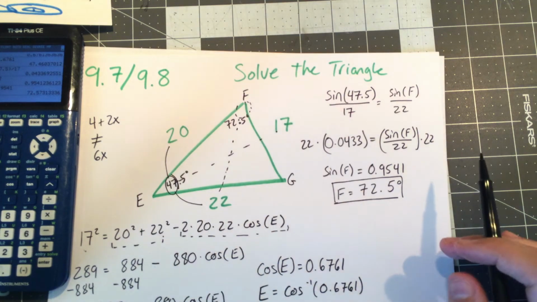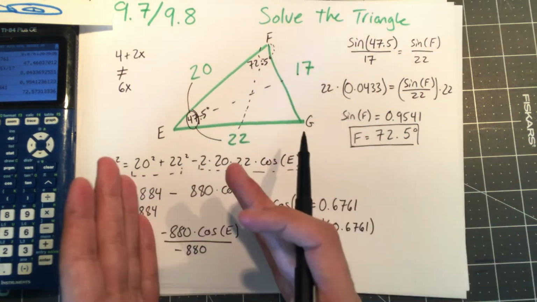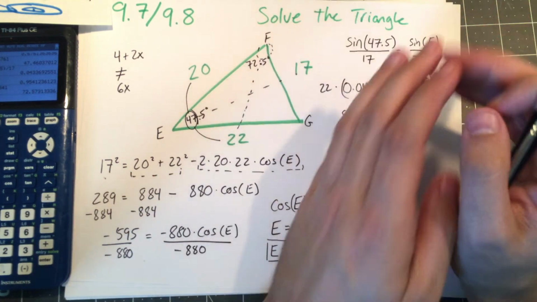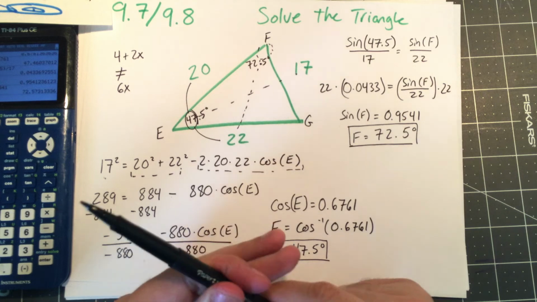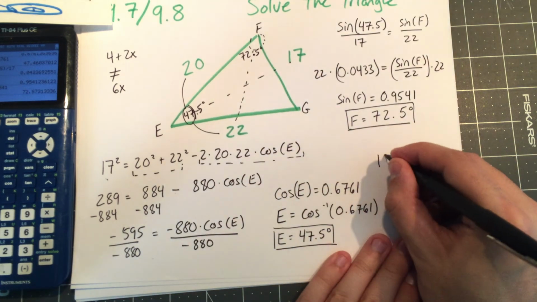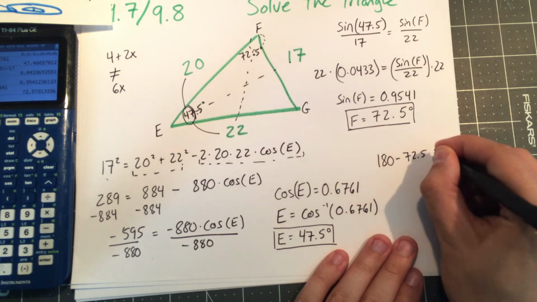Okay, and now, for the last one, I actually have 3 different options. I could do this again, using G now instead of what we did for E. I could do this again, using G instead of F. But I would recommend all you do is say, well, I have 180 total. I've already used one. I've used another.